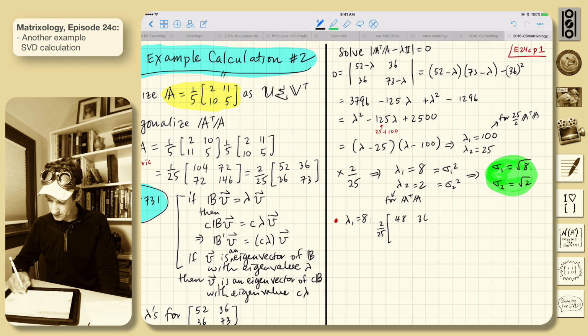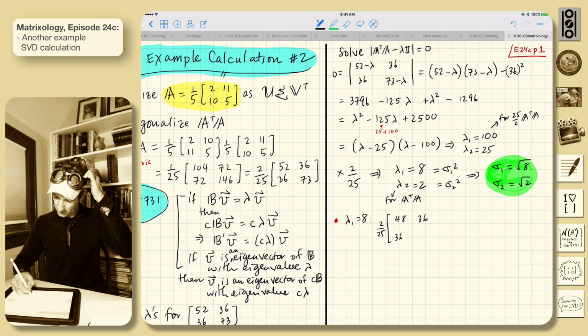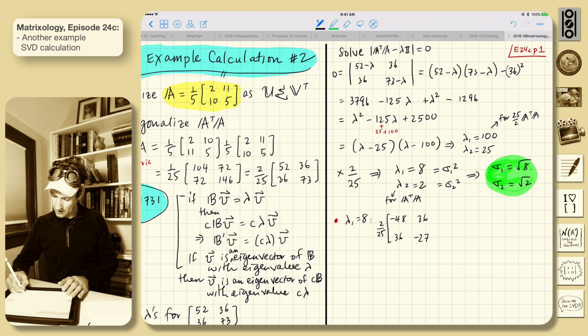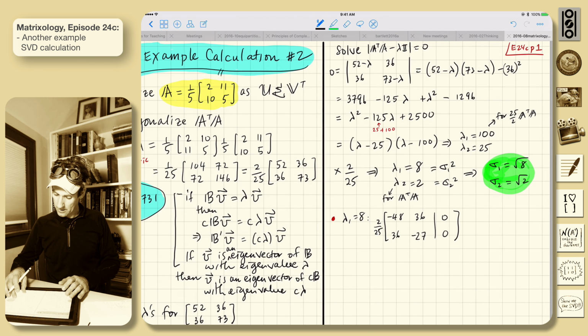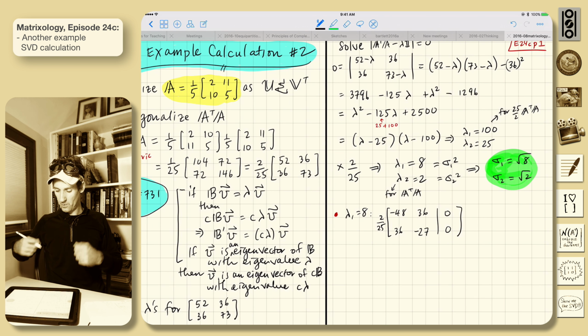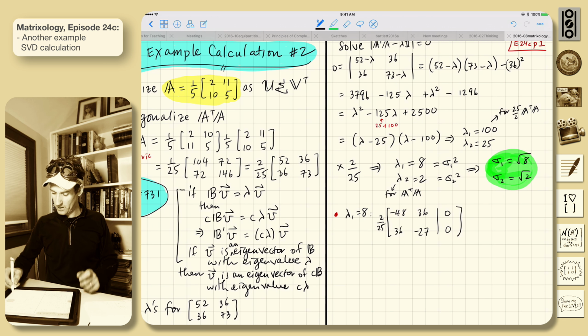We get a 36, that was always there. 36, and 73 minus 100 is minus 27. We're solving this problem. And as always, there should be multiples of each other. We can see there's a 4:3 ratio for each piece.